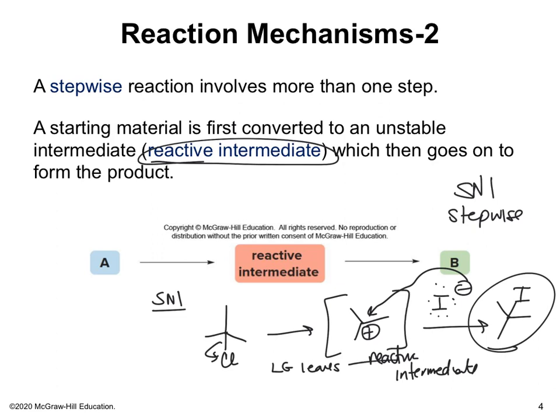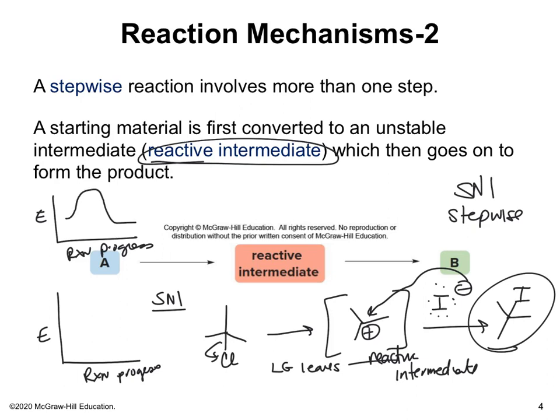And you're also going to see reaction energy diagrams. So you're going to have energy here, and this is the reaction progress. Now in a concerted reaction, you're just going to have something like this, where this is your starting material. This is your product.